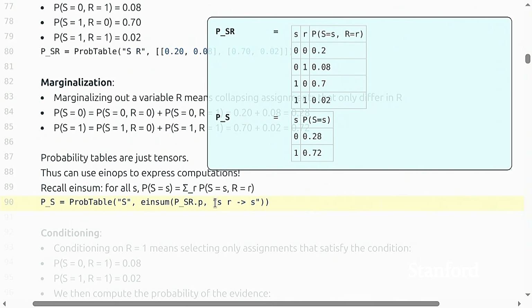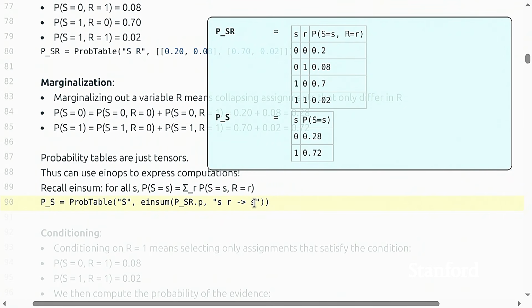Remember the description says I label the axes of this tensor. The first axis is S, the second one is R, and then the output tensor has the label S here.